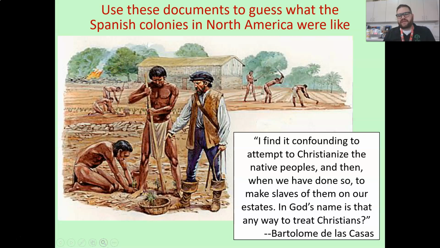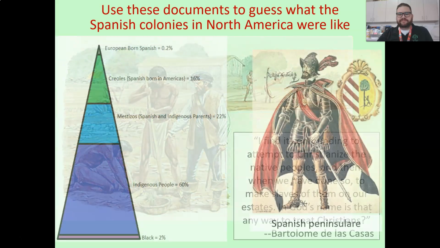So we see de las Casas here highlighting that we see slavery very early found within the colonies. And we will see the Spanish force Native Americans and indigenous peoples into the system of slavery, along with we see conversion into Christianity. So we see different forms of conflict that are existing because of Spanish colonization.